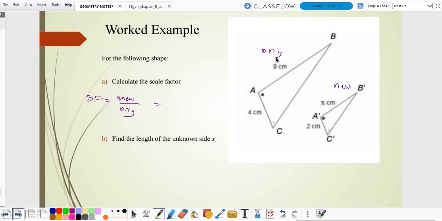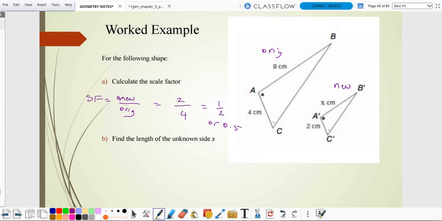So in this case, my new length, okay, is over here on my new shape, and I have to find the corresponding side. I can see that this side, A dash C dash, is corresponding with AC. So that means here, if that's 2, for the new length, the original of it was 4. Therefore, the scale factor is a half, or you could also say 0.5.